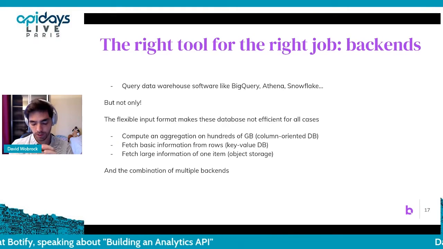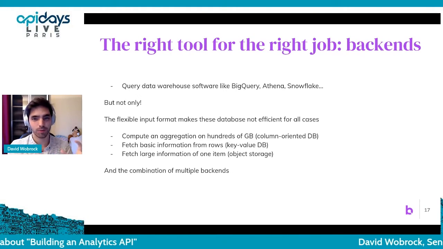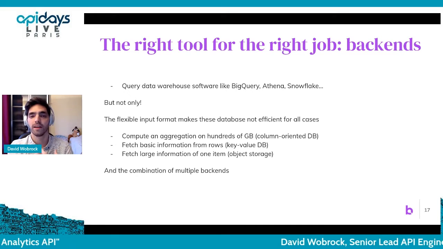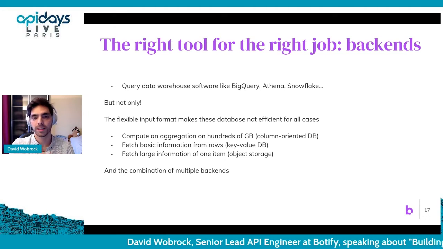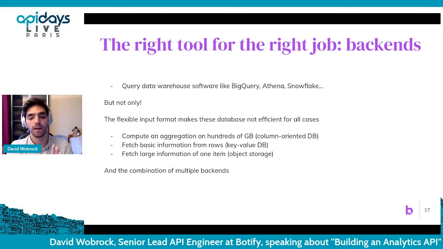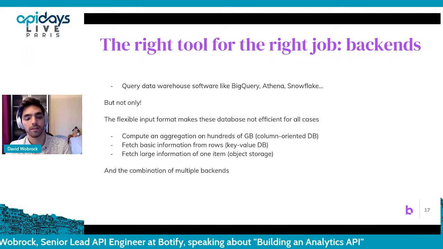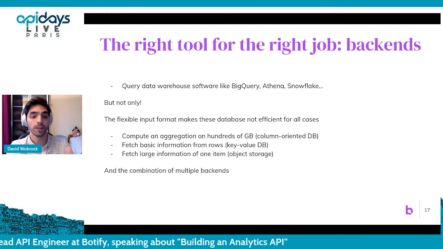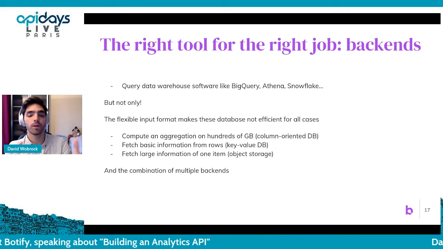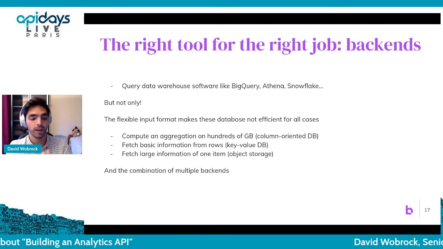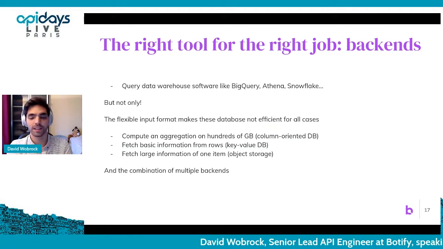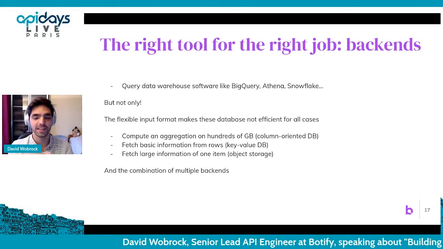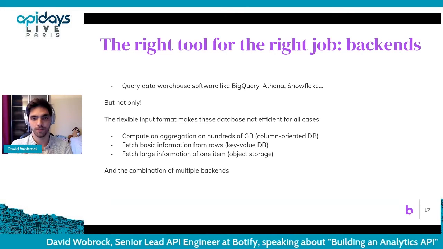And so when you have all these possible use cases that you can express through one single interface, you need what's behind it to be able to optimize this so that it fits what's asked by the consumer. For instance, the analytics databases, the data warehouses like BigQuery, Athena, Snowflake, they're nicely suited for aggregating some metric on hundreds of gigabytes, terabytes in a very efficient manner.